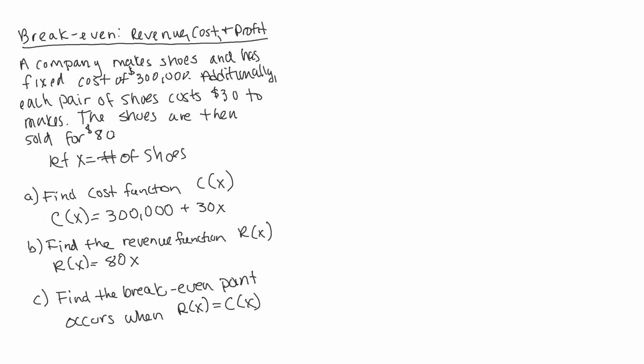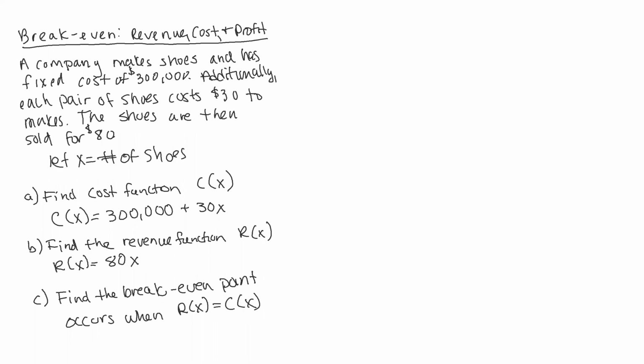So if your money going in and out is the same, you break even. You're not making money, but you're also not losing money. And this is very important for people that are producing some kind of product. They need to know exactly how much of this product they would need to sell so that their costs equal their revenue. The goal is then to sell more than that, but definitely not less than that.